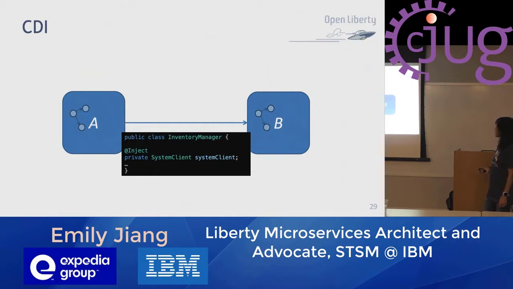Once this line is executed, this variable is populated. When I say variable, you understand? A variable is something you can put things in. So this is CDI, and with this you can achieve a loosely coupled microservice.